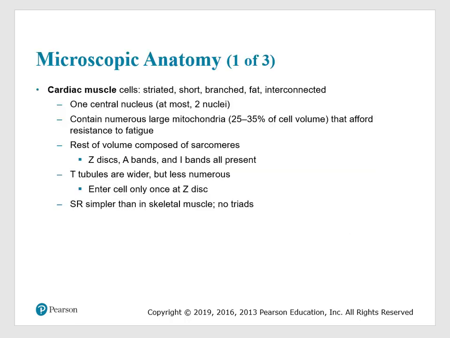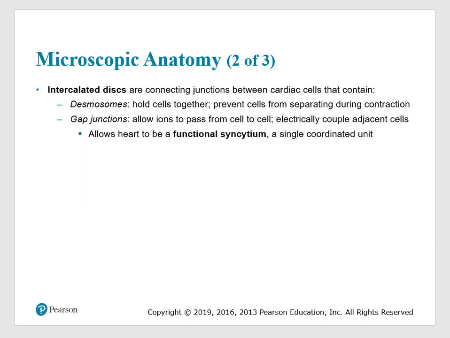Let's look at the microscopic anatomy now. We're talking about the cardiac muscles themselves, which you should be familiar with from your 226. Cardiac muscles are striated, they're branched, they're basically uni or binucleated. They have a specialized structure called intercalated discs that contains your desmosomes and gap junctions.